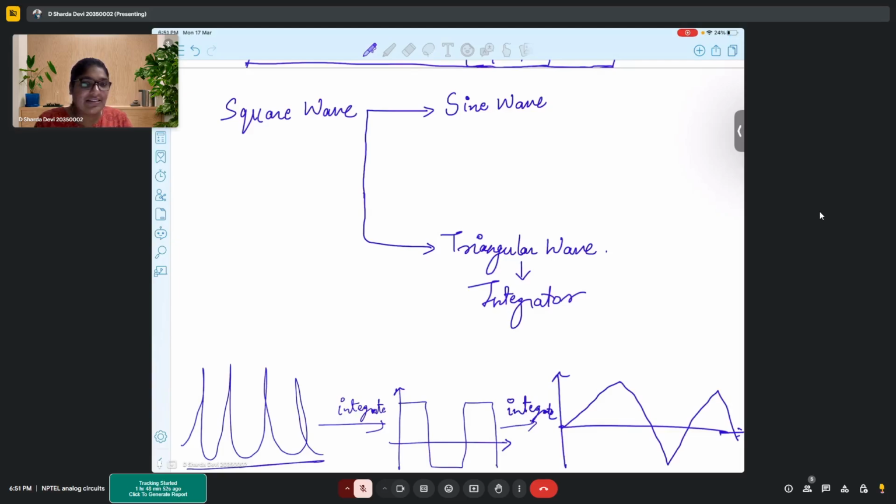Madam, adder or integrator? Integrator, but with a square wave, the moment you apply an integrator, you will get a triangular wave, right? You will never get a sine wave. Then adder, you add the sine waves, you get a square wave.